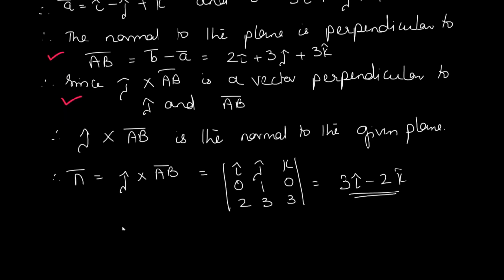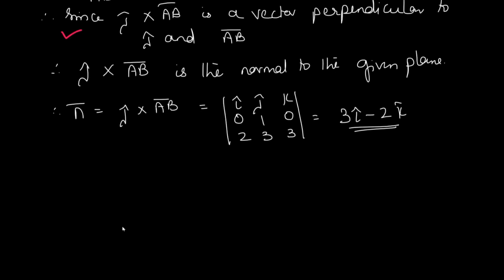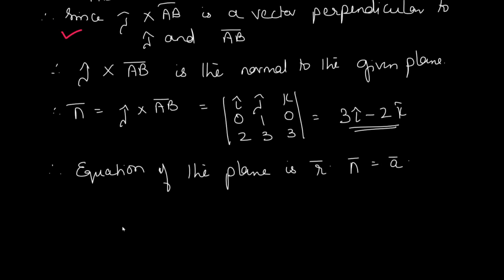So the required equation of the plane in vector form is given by r dot n bar is equal to a dot n bar. That means r dot (3i minus 2k) is equal to a dot n.